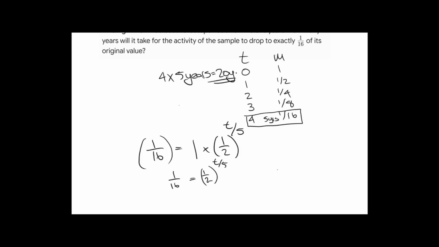How are we going to do it? We're going to need to use logs. So the natural log of 1/16 is going to be equal to t over 5 times the natural log of 1/2.